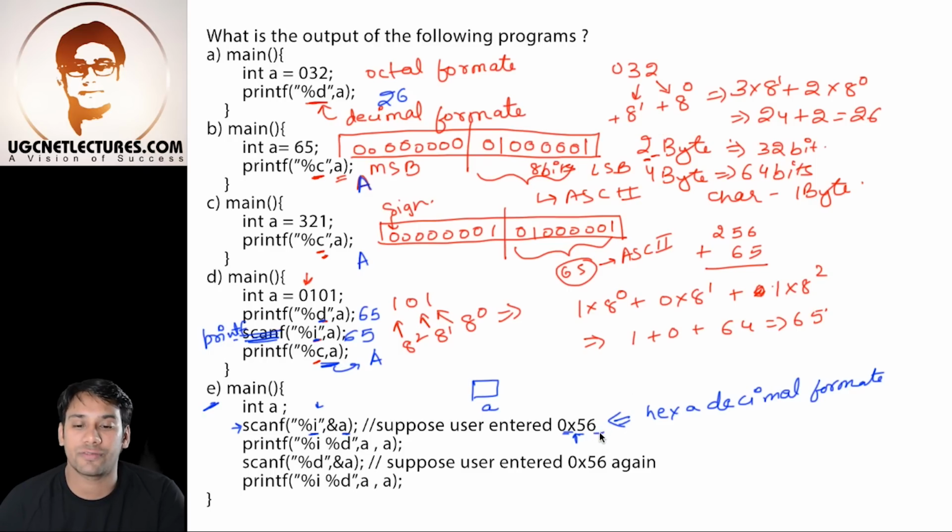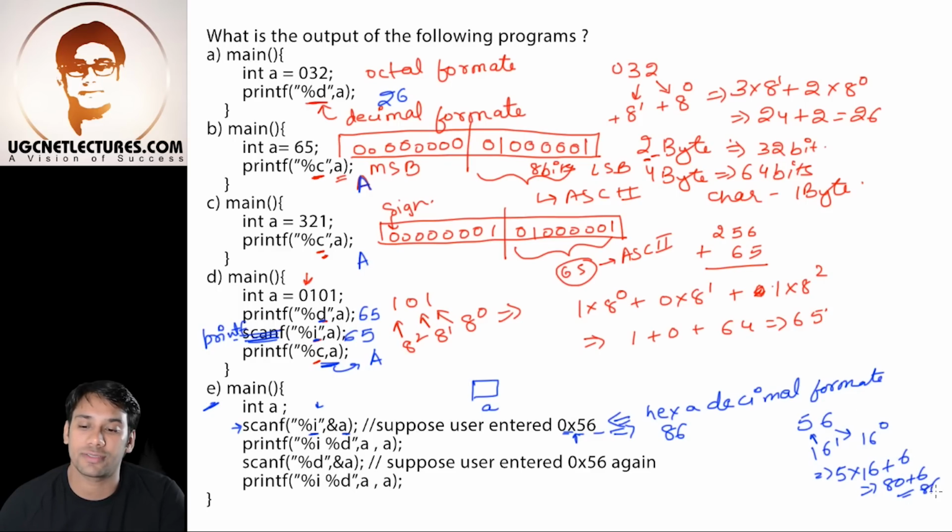If you convert 0x56 into decimal, the value is 86. The 6 is multiplied by 16 raised to power 0 and the 5 by 16 raised to power 1, so this becomes 5 into 16 plus 6, which is 80 plus 6, therefore 86. So the user entered 0x56, which is equivalent to the decimal value 86.